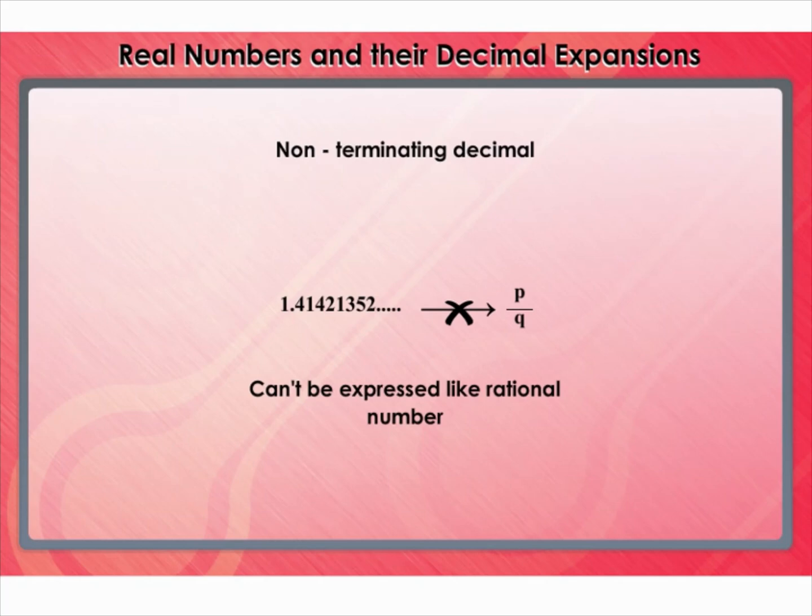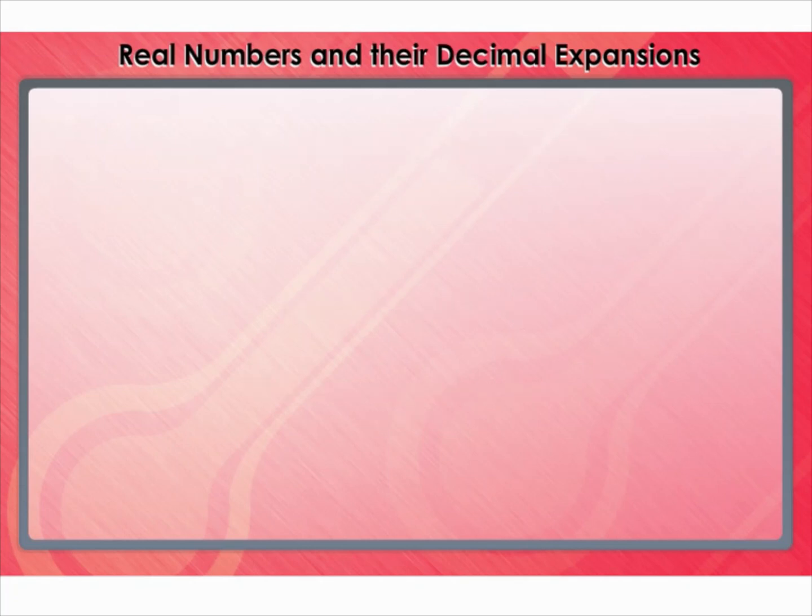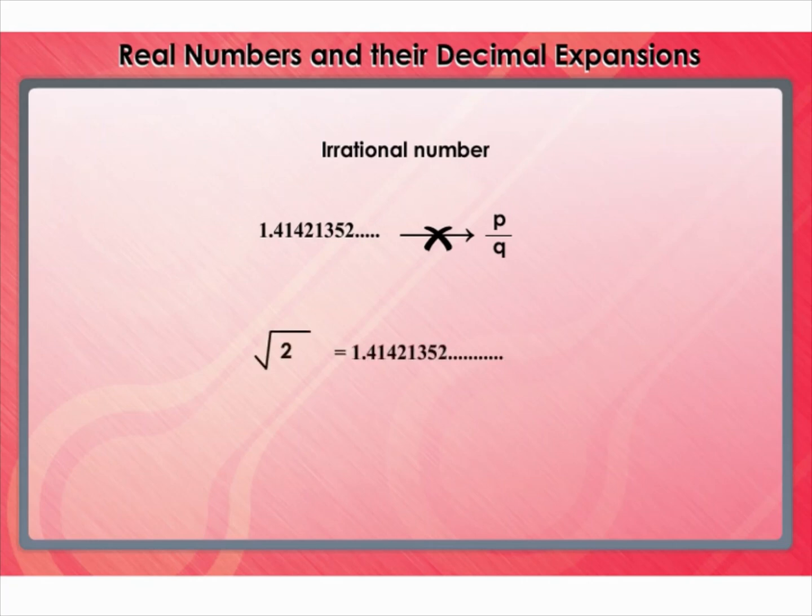Look, this is a non-terminating decimal, but it doesn't have any repeating part. Such decimals are called non-terminating, non-recurring decimals. This is not a rational number, so we call it an irrational number, and this is also the value of square root 2. Square root 2 and square root of 3, etc. are irrational numbers.